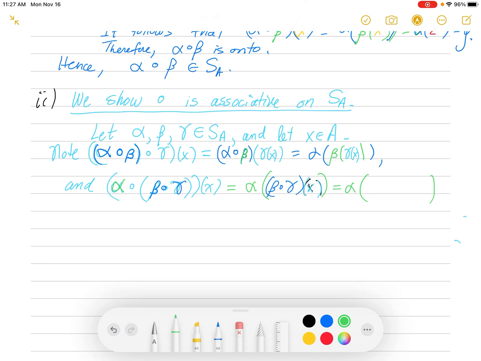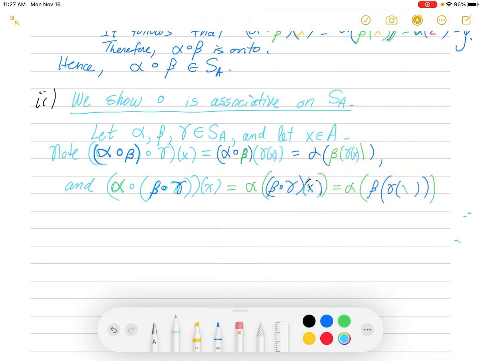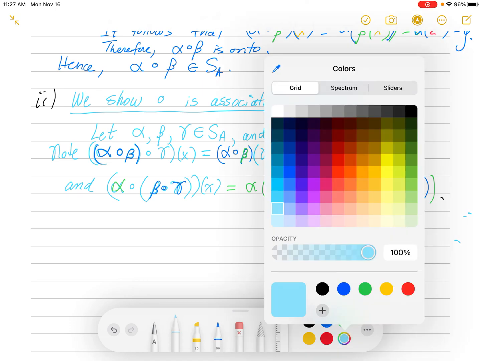This is going to be alpha of, and then inside of the alpha function, you can unravel that definition as beta of gamma of x. But that's exactly the same thing as above, right? Alpha of beta of gamma of x is alpha of beta of gamma of x. So thus, these two things are going to be equal.